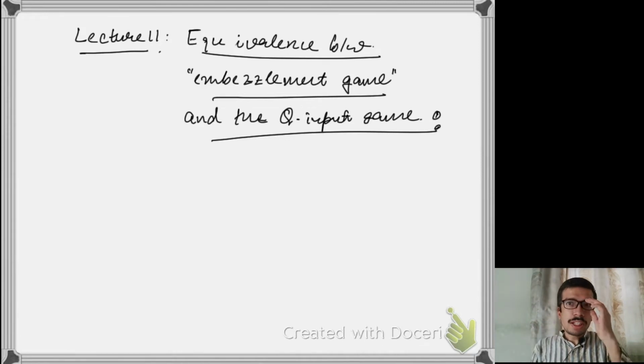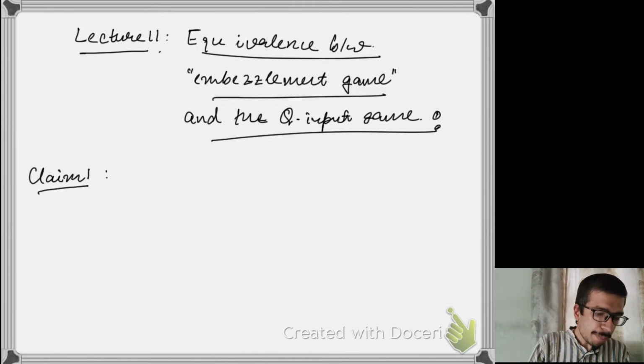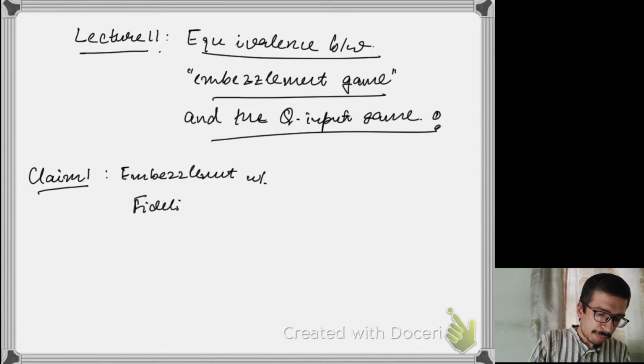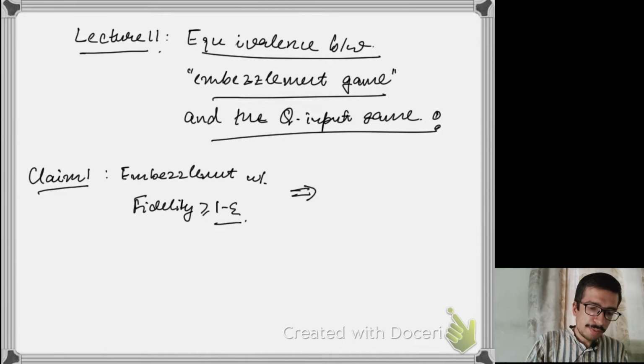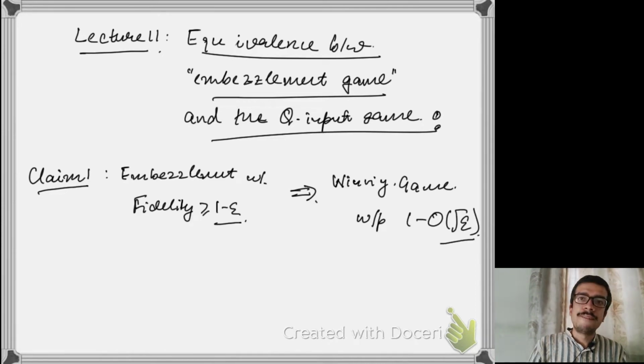So we are actually going to see two claims. So the first claim would be that embezzlement with fidelity greater than or equal to 1 minus epsilon would imply winning our game with probability 1 minus order root epsilon.